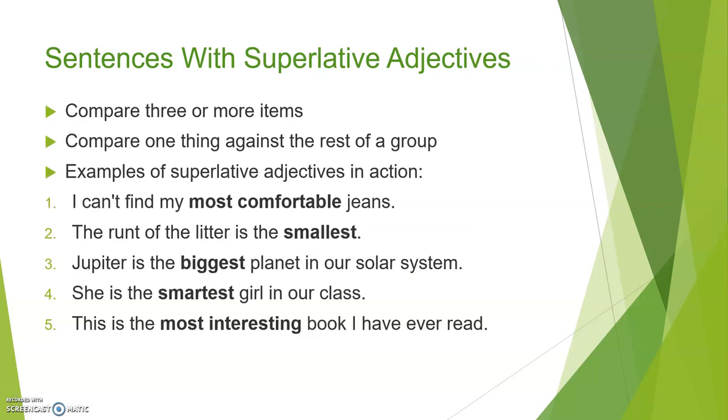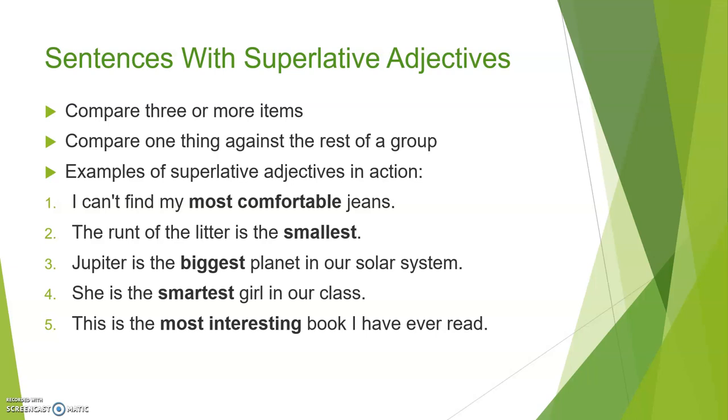Moving on to sentences with superlative adjectives. In these sentences, three or more items are compared, and one thing against the rest of a group is compared. Examples of superlative adjectives are: I cannot find my most comfortable jeans. The runt of the litter is the smallest.